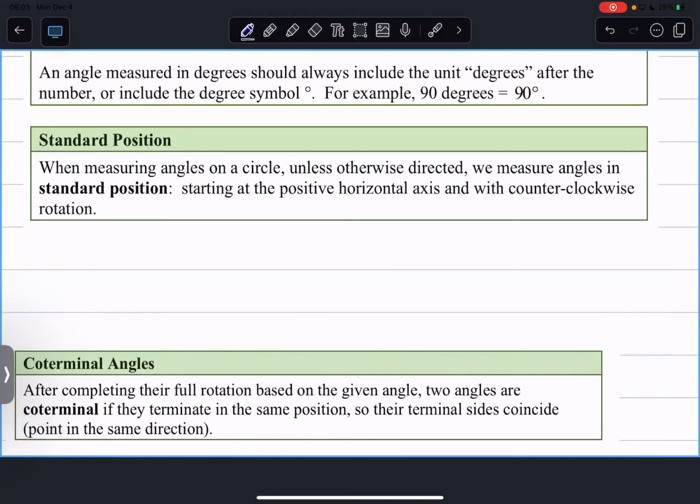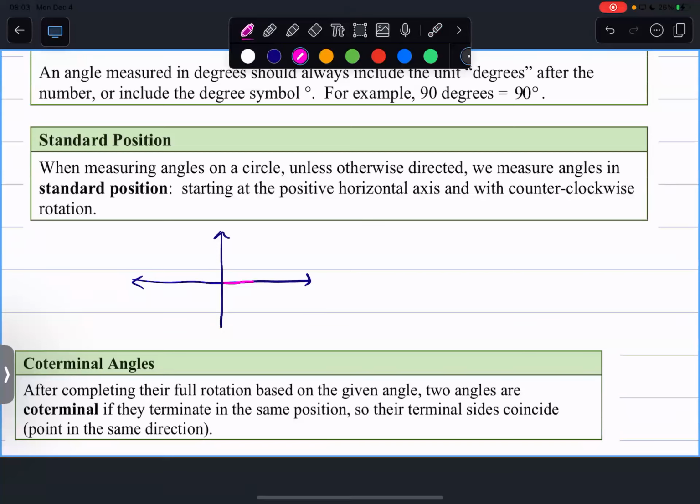So when we're talking about angles on a circle, we're going to measure angles from standard position. Now, standard position, if we are working on some axes like this, starts here on the positive x-axis and moves counterclockwise.